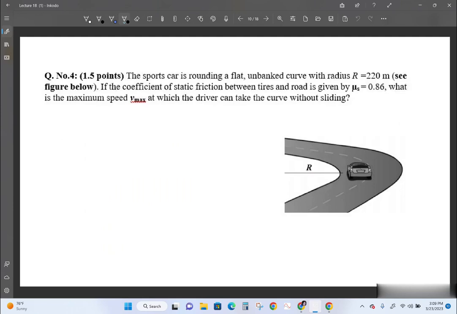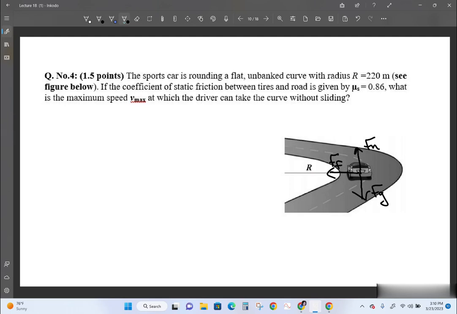Let's do an example. So one thing you'll need to be able to do is draw the vector diagram. So you've got a sports car. It's on an unbanked curve with radius r of 220 meters and a coefficient of 0.86. You want to know the maximum velocity that it can travel at. So you want to make sure that you would be able to draw FG, Fn, and FF.